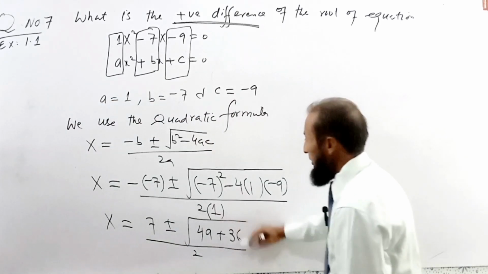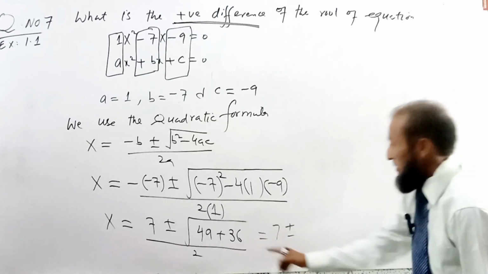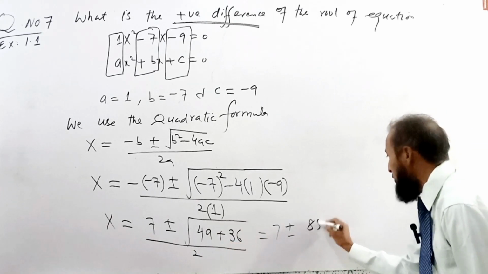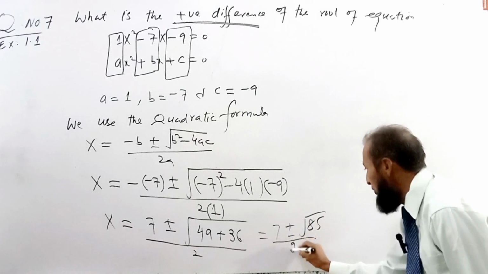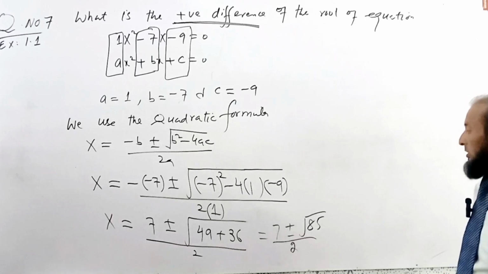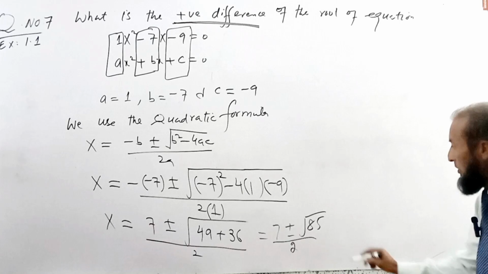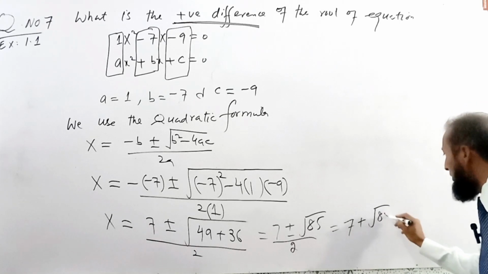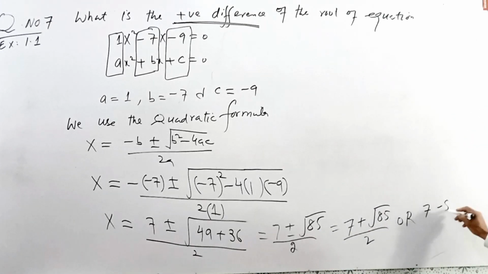If we simplify further, 7 plus minus the square root of 49 plus 36, which is 85, divided by 2. Now it means there are 2 roots: 7 plus root 85 divided by 2, or 7 minus root 85 divided by 2.